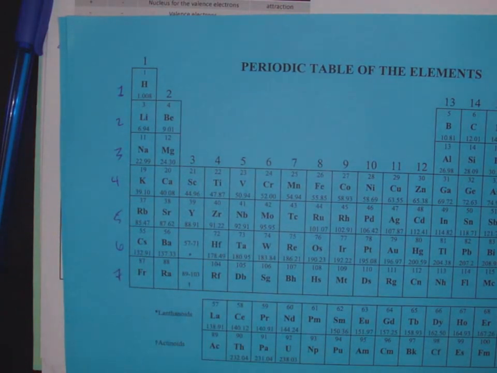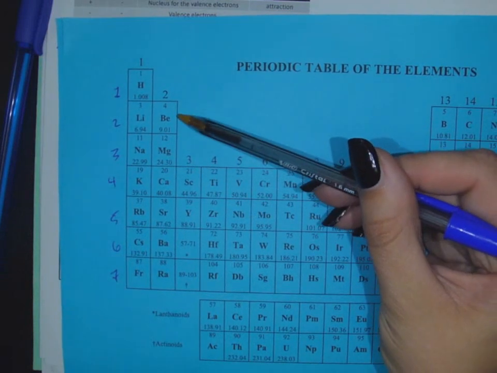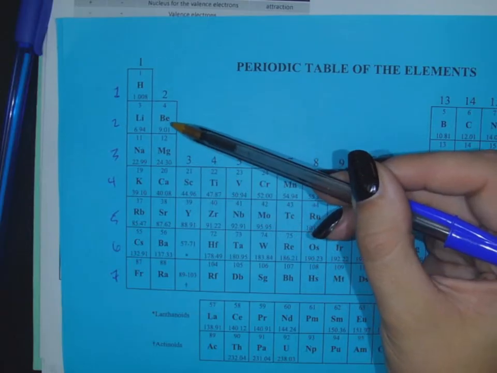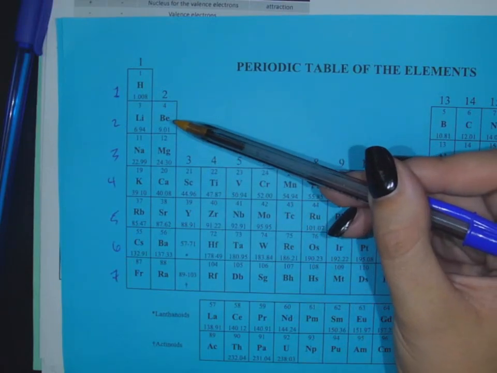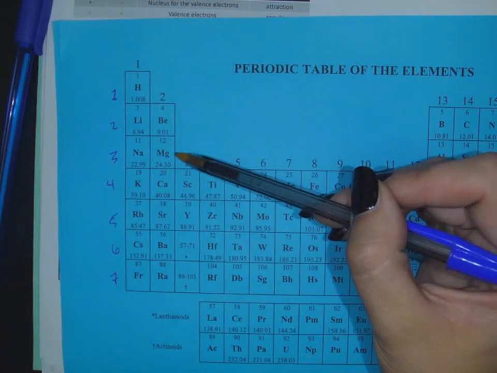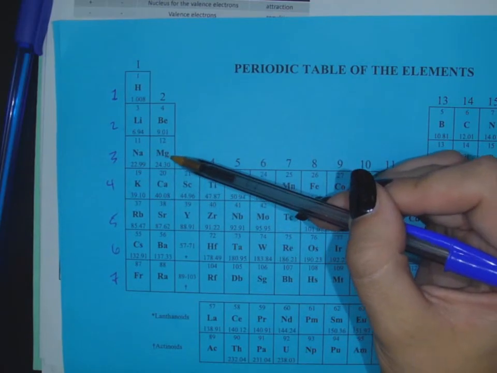And so if I'm comparing, let's do beryllium and magnesium. Beryllium has 2 electron shells, and we see this in its electron configuration of 1s2, 2s2. We got 2 electron shells there, where magnesium has 3 shells, 1s2, 2s2, 2p6, 3s2.